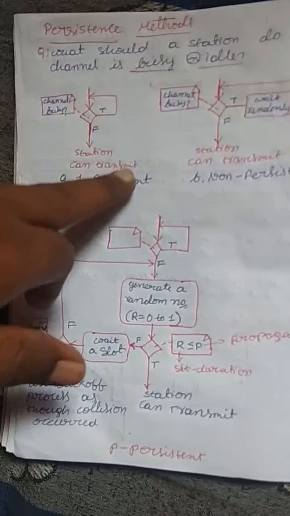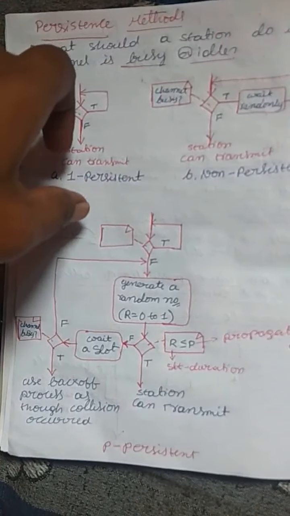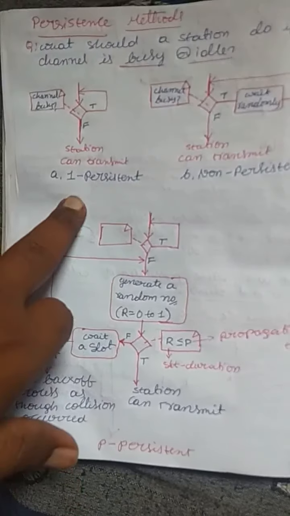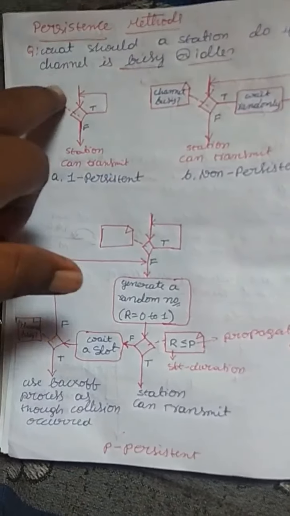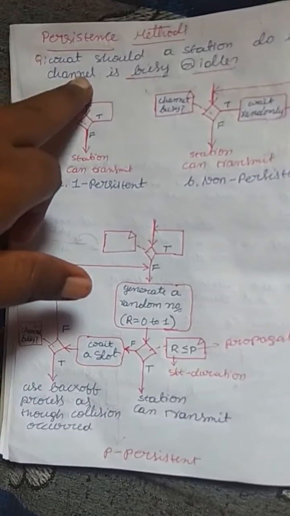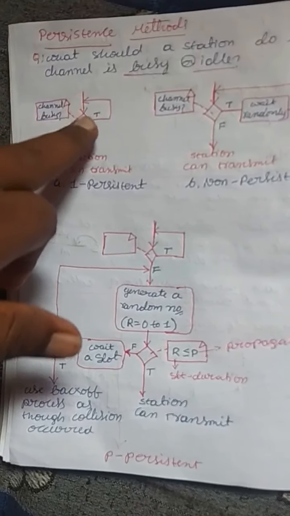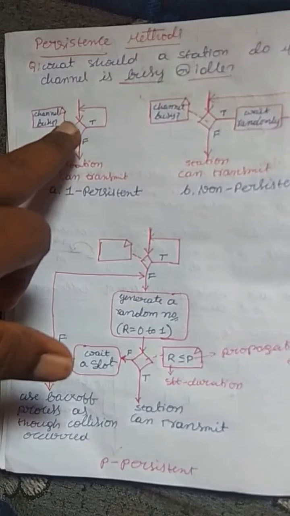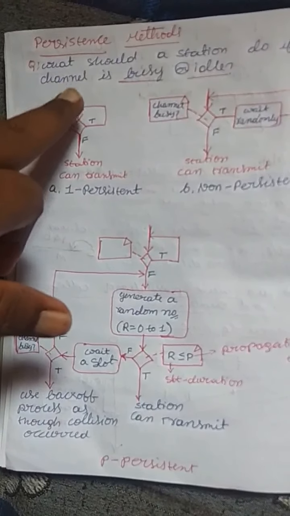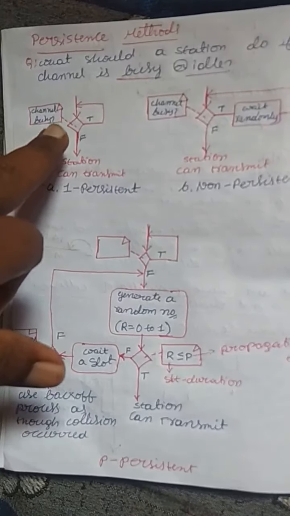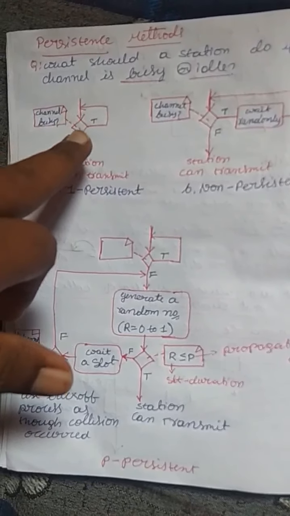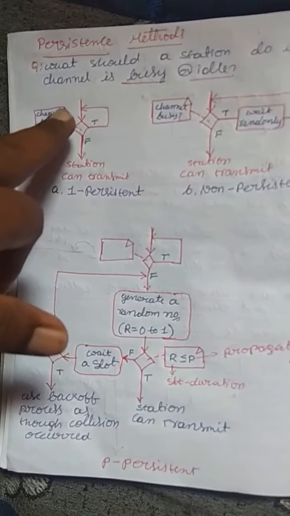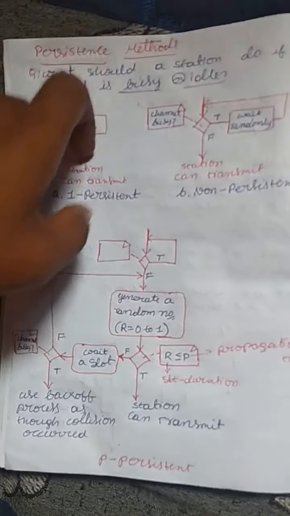Here the collision is more in one-persistent, because two or more stations can be sensing the same media. If all the stations sense the media is idle, there is a possibility of sending the frames at a time, then a collision will happen.